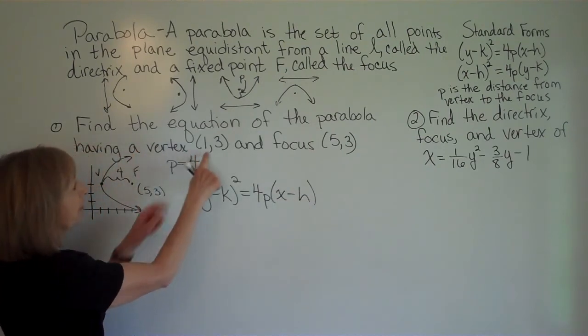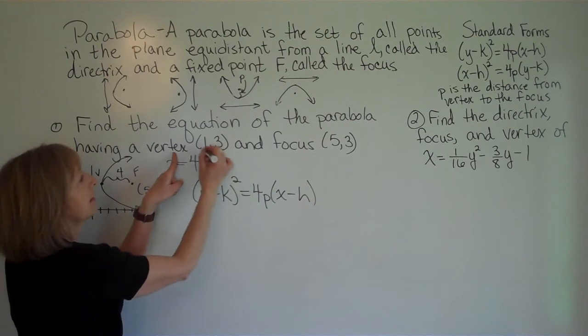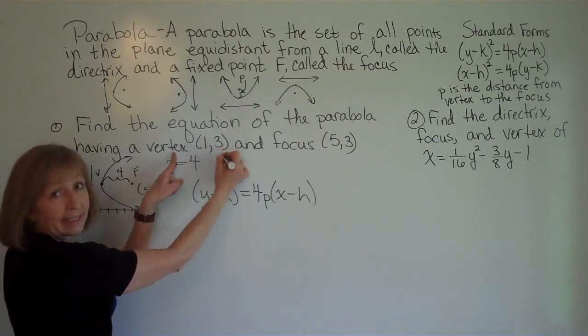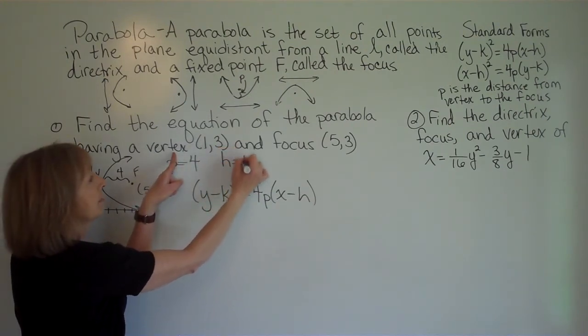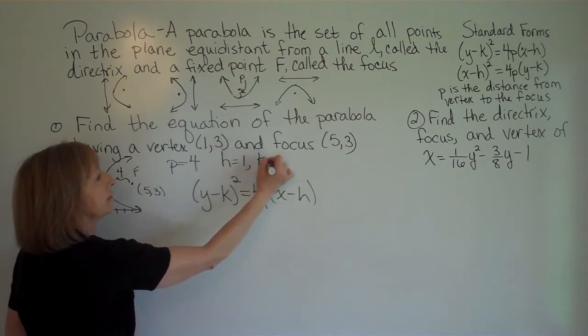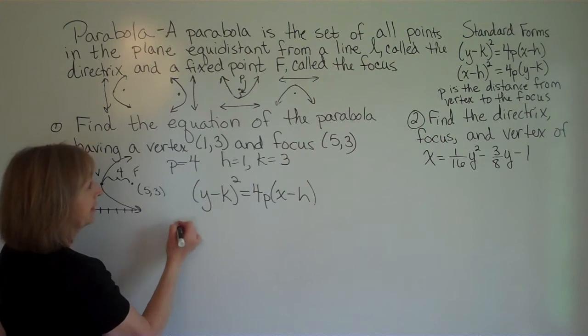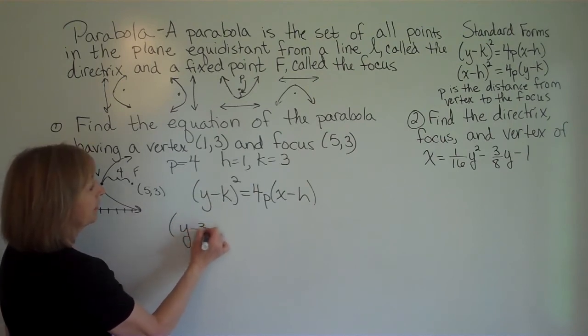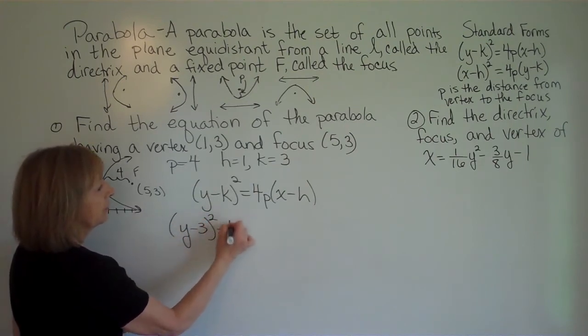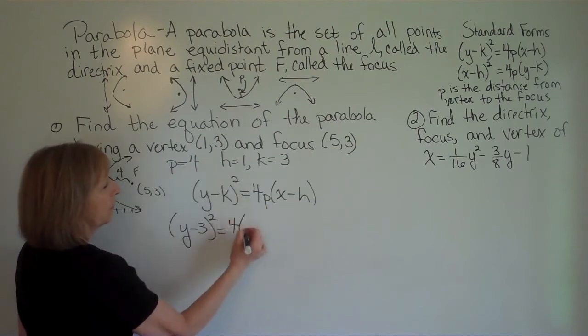And I notice from the setup that my vertex is 1, 3. Well, the vertex is h, k. So h is 1 and k is 3. So my equation of my parabola for this example is y minus 3 quantity squared is equal to 4 times p is 4.